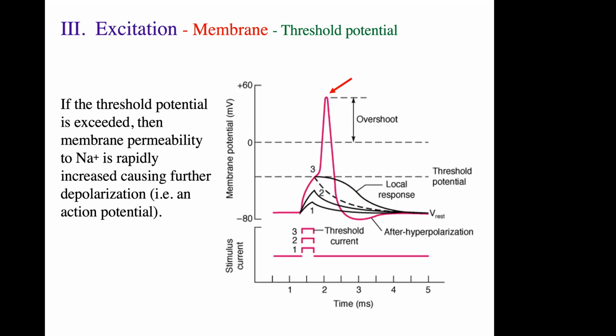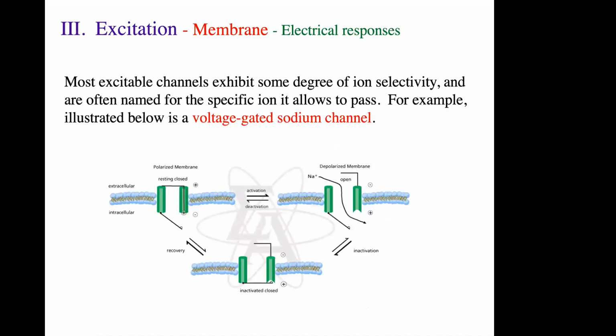This is actually a form of positive feedback, because the more depolarized the membrane gets, the more rapidly sodium flows across the membrane. And we'll talk about the dynamics of that over the next several slides. Okay? Now, this increase in permeability to sodium is all about the voltage-gated sodium channels.